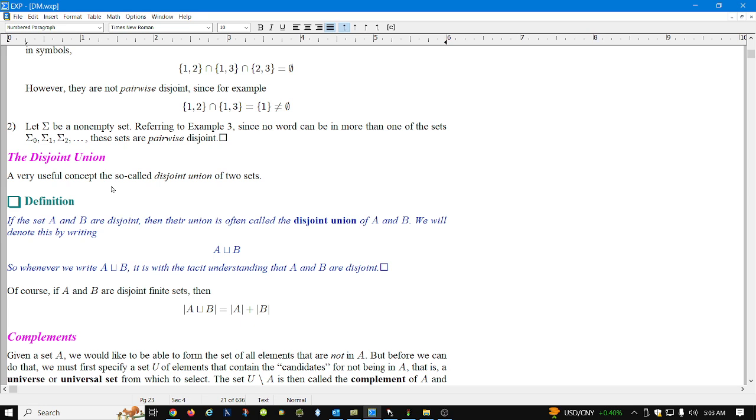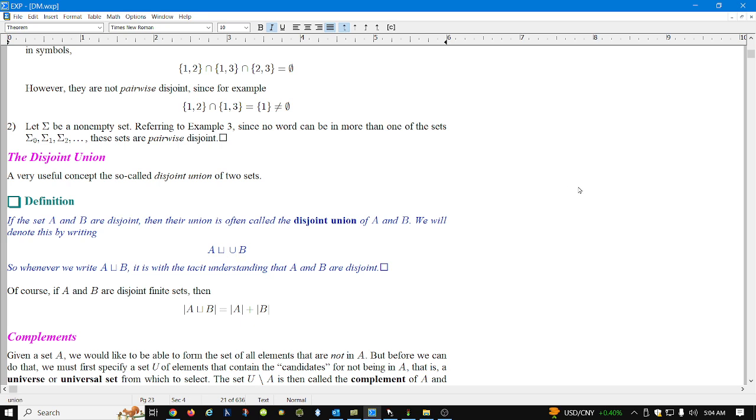This is just terminology. It's not new mathematics. And I'm going to use this symbol, which is somewhat common. Others use different symbols to denote a disjoint union. And let me put the union symbol in here so you can see the difference.